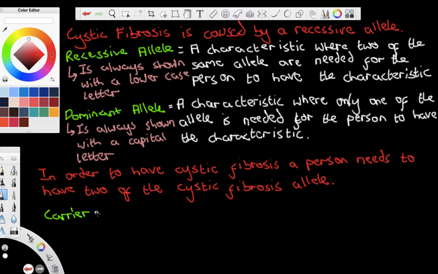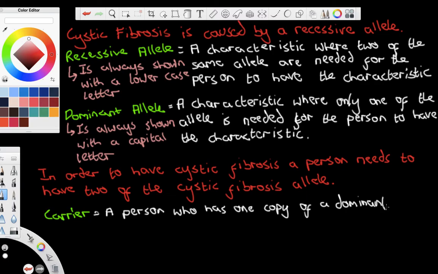A carrier is defined as a person who has one copy of a dominant allele and one copy of a recessive allele. Okay?